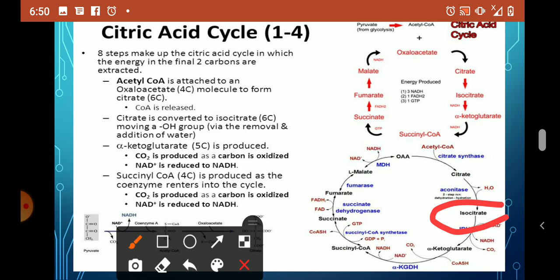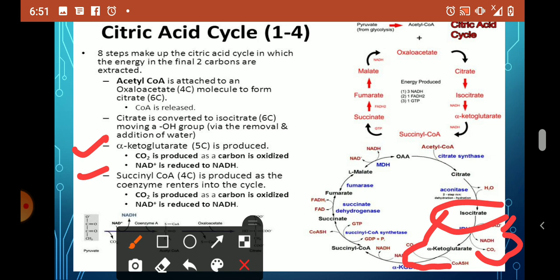Then the third reaction is where alpha ketoglutarate is produced. This is also called decarboxylation, because one molecule of carbon dioxide is removed, and NAD is reduced into NADH.